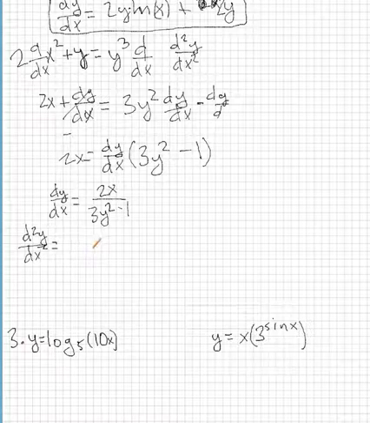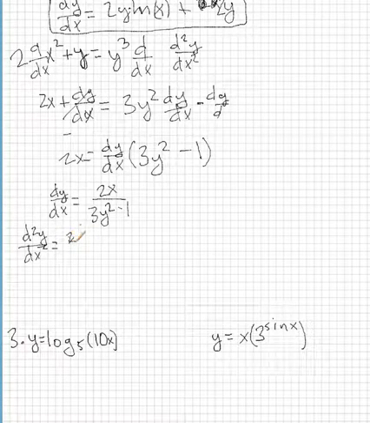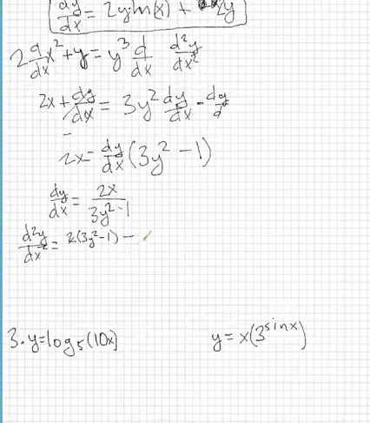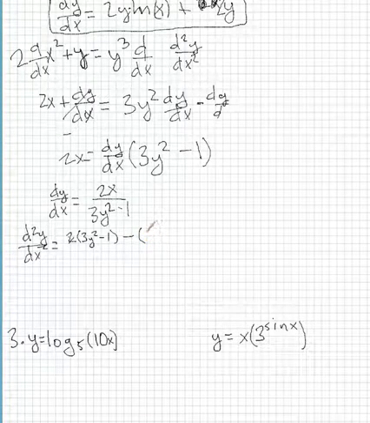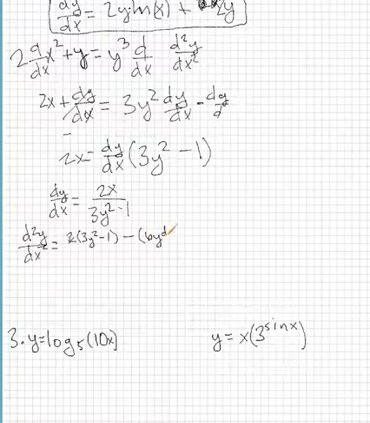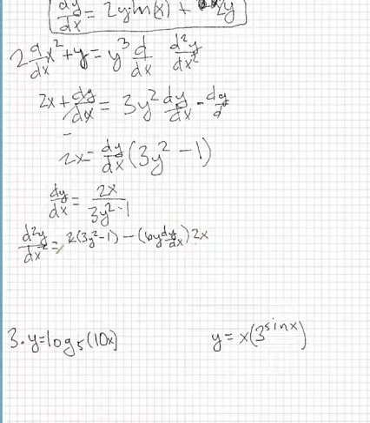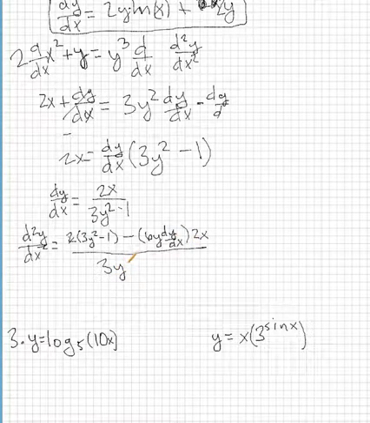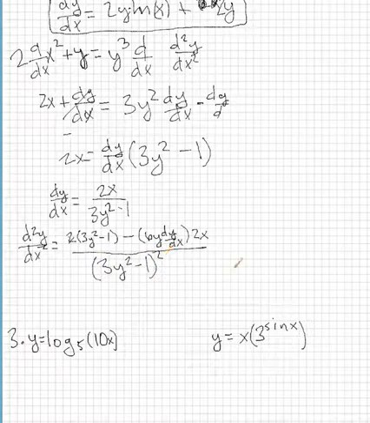We're going to do the derivative of the first one, so it's just 2 times the bottom one, 3y squared minus 1, minus the derivative of the second one, which is going to be 6y dy/dx times the first one, all over the bottom function squared. That's our quotient rule.